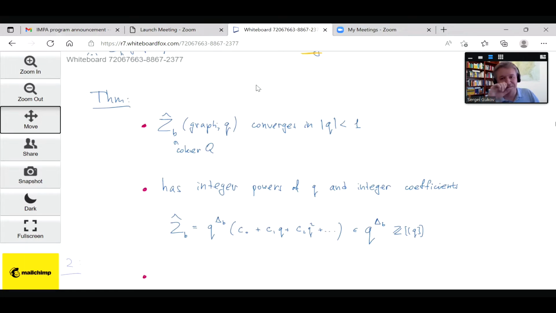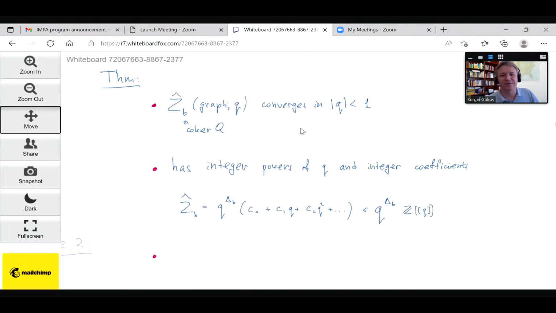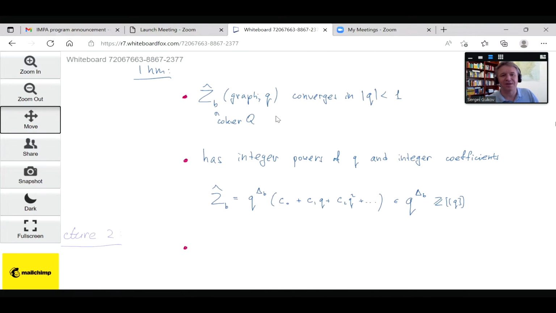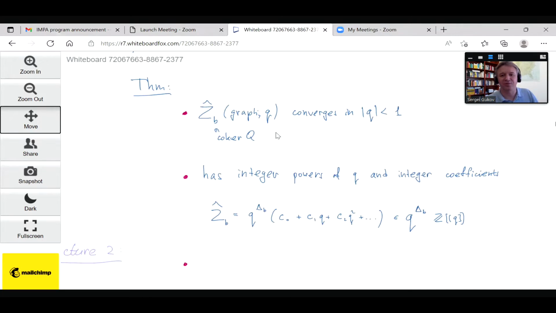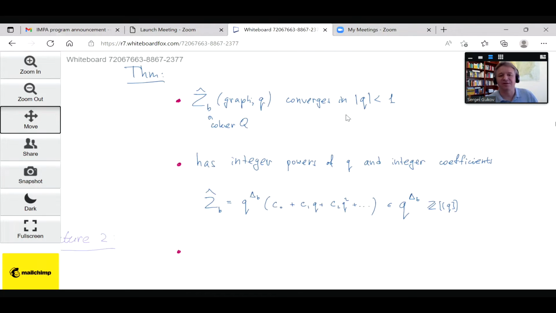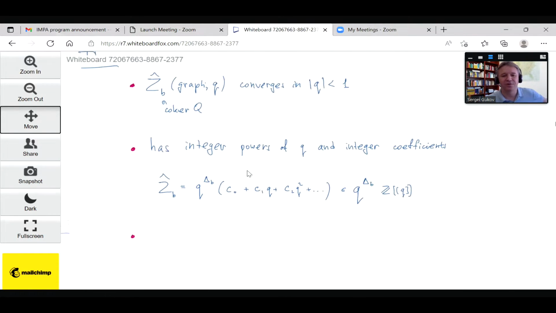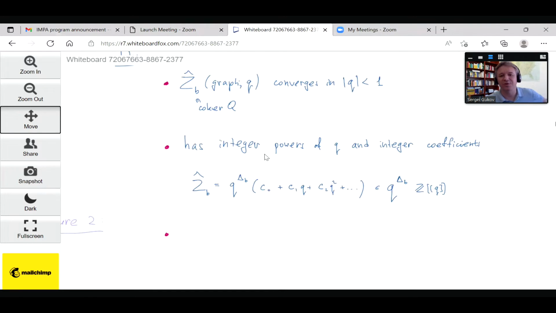In the meantime, we were going through some more specific and concrete theorem, which discusses various properties of this kind of integrals associated to graphs. And some properties were that this, as an expansion in Q, converges. Another property, which is fairly easy to see, was that it has integer coefficients and a form which is perfectly suitable to be the character of some VOA.